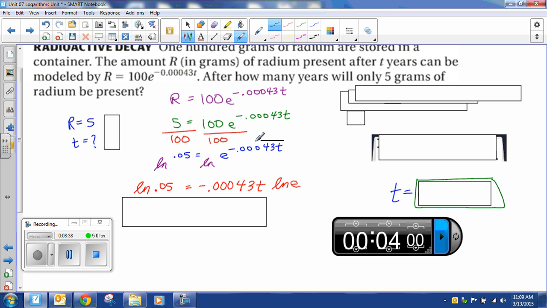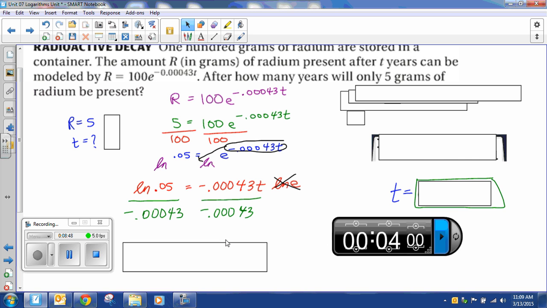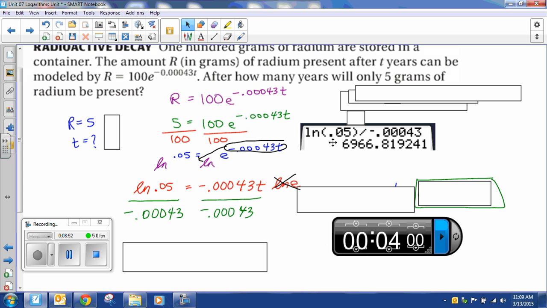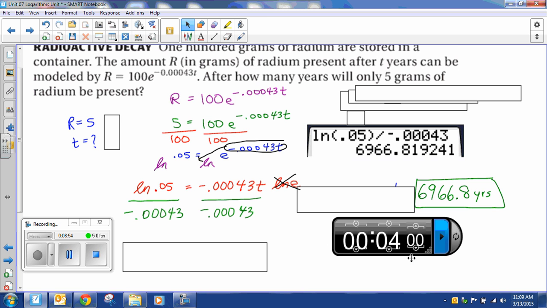As you can see, the exponent comes down. Ln of e cancels out. And our last step is divide both sides by negative 0.00043. Carefully placing it in our calculator, our final answer is 6,966.8 years. That is a long time.